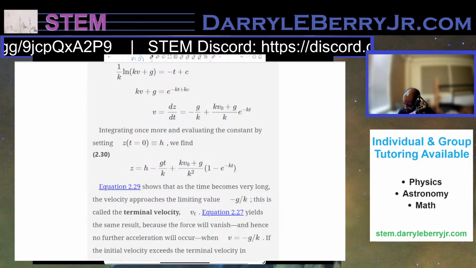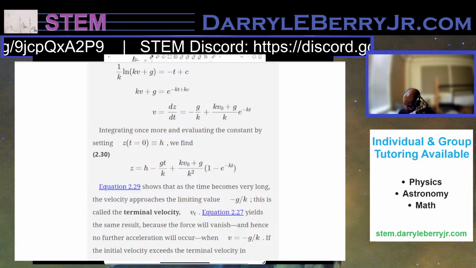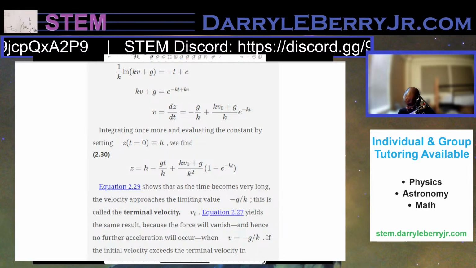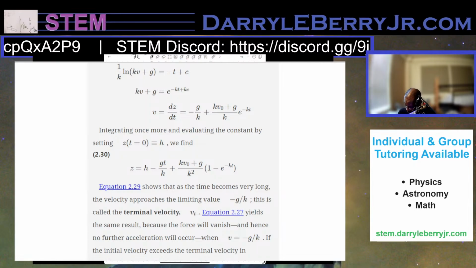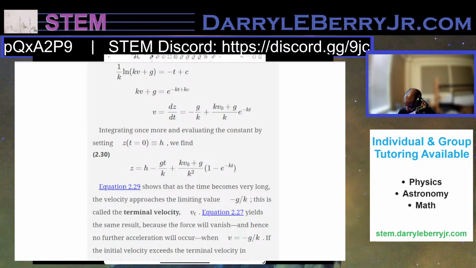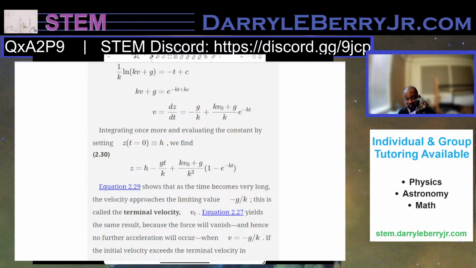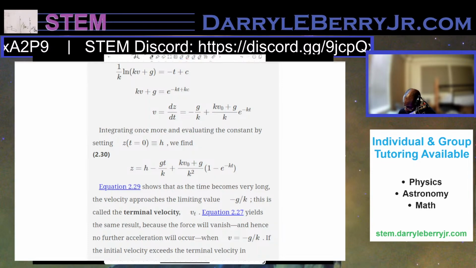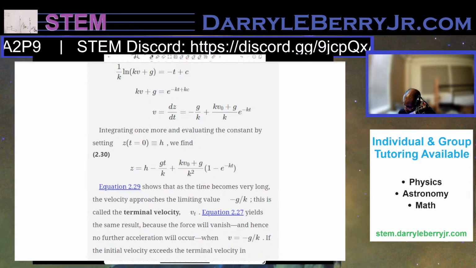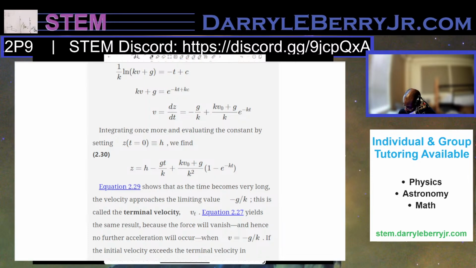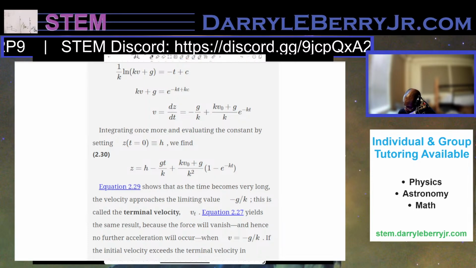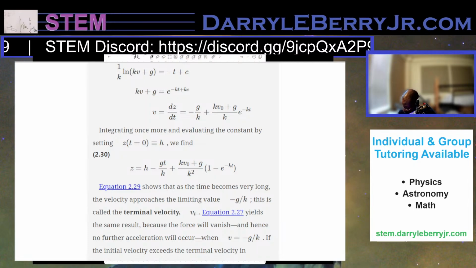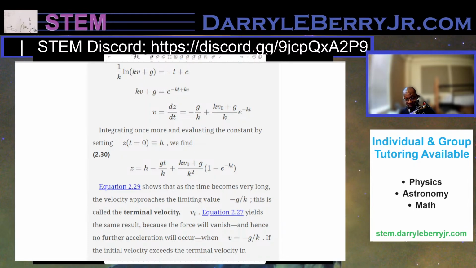All right, so x is going down. So x(t) equals h plus g over k t plus (g minus v0 k) over k squared times (e^(-kt) minus 1).